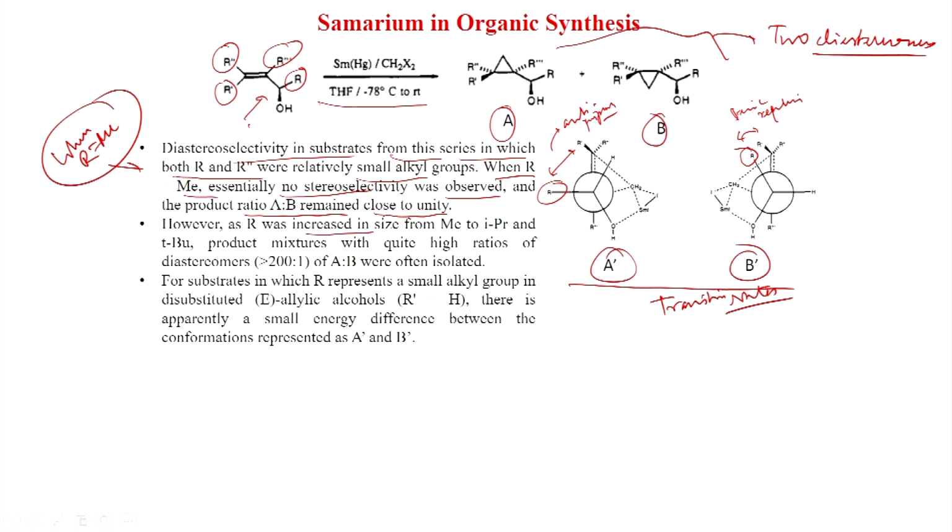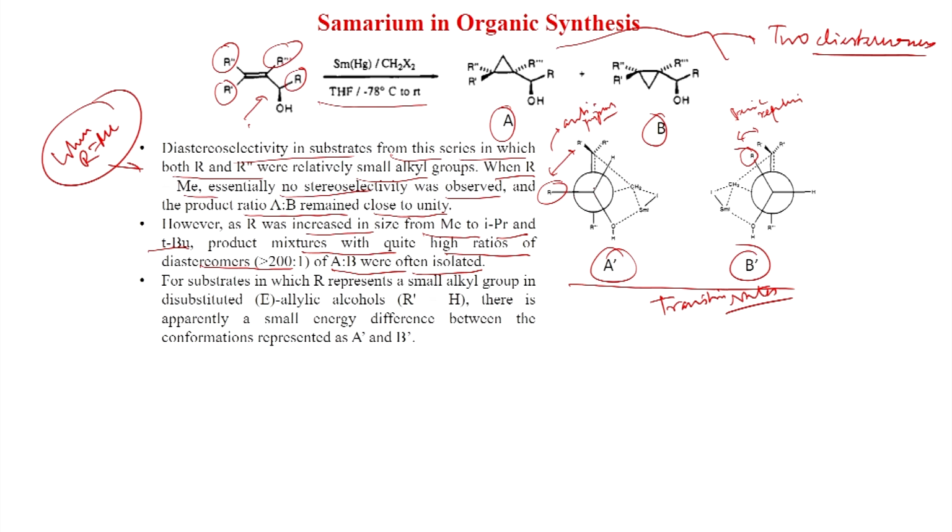However, as R was increased in size from methyl to isopropyl and tertiary butyl, product mixtures with quite high ratios of diastereomers, greater than 200:1 of A, were isolated. So, this is important. If R becomes tertiary butyl, then you can get a high diastereomeric ratio, because the steric repulsion here will be more. So, this is R dash, this is R double dash, this is R triple dash, and R is there.